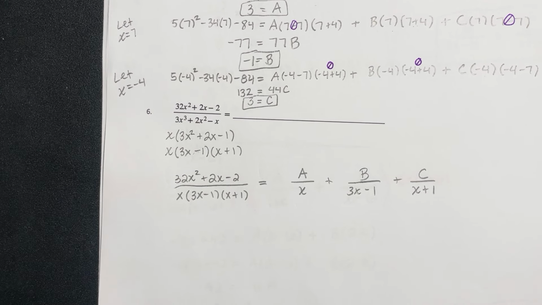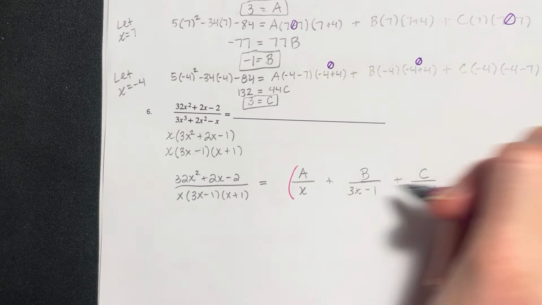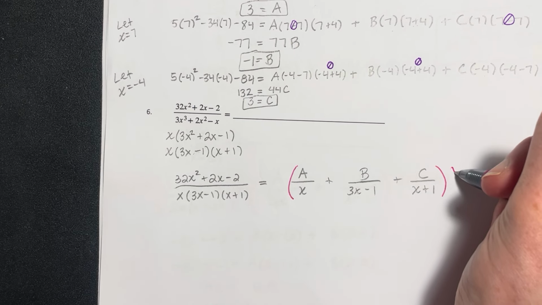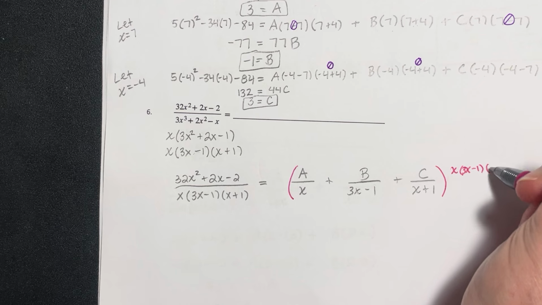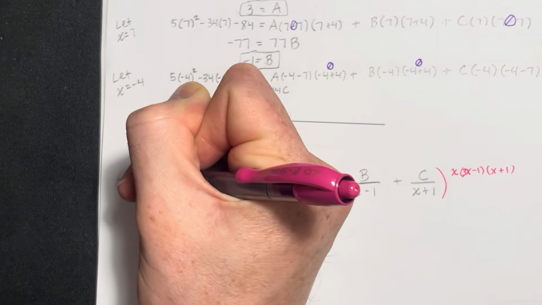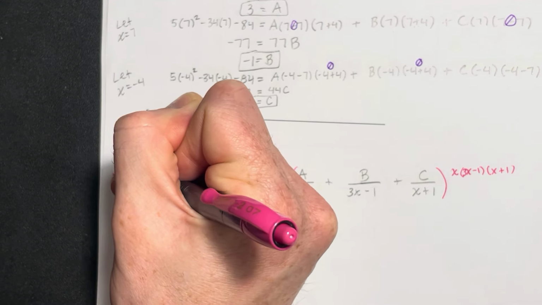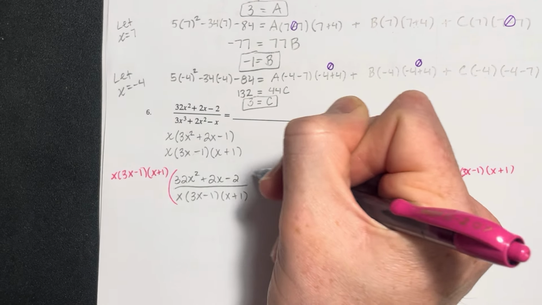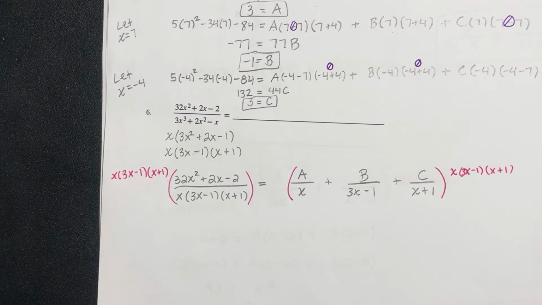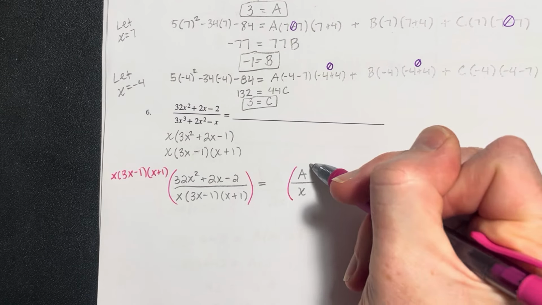If I multiply by that common denominator, it should eliminate the fractions. So x times 3x minus 1 times x plus 1. And we would distribute that to each fraction.